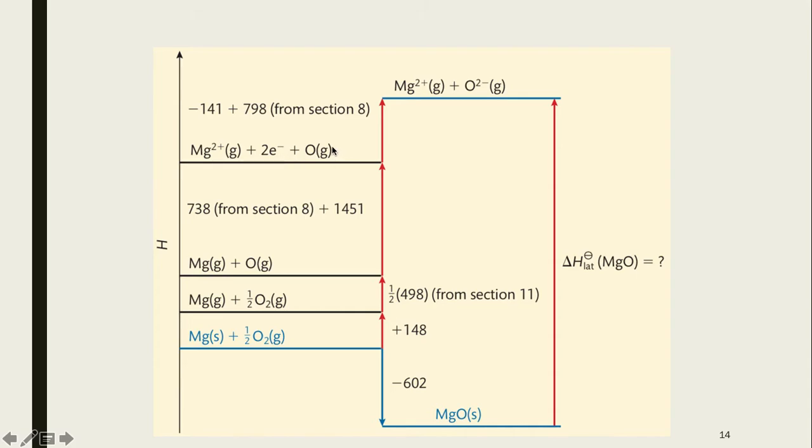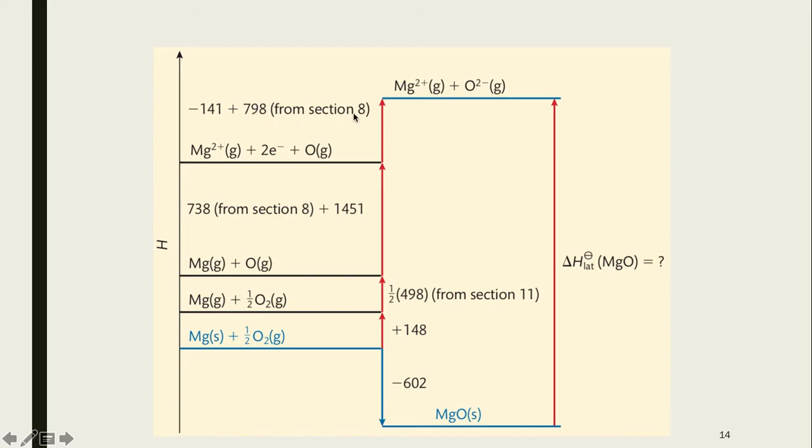So let's do our oxygen now. We have to turn it into O2 negative. The first electron affinity is negative. We get this from section 8 of the data booklet. The second electron affinity is positive.